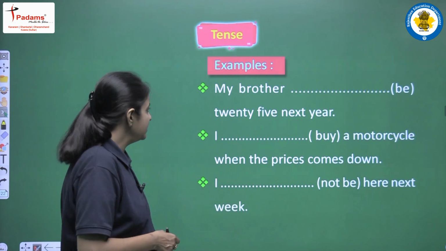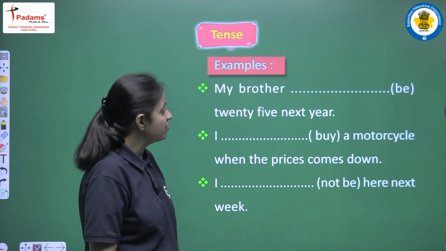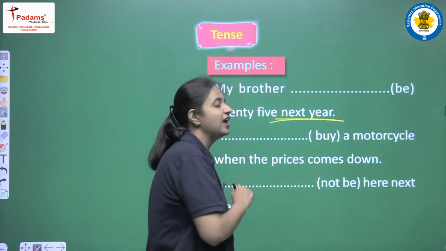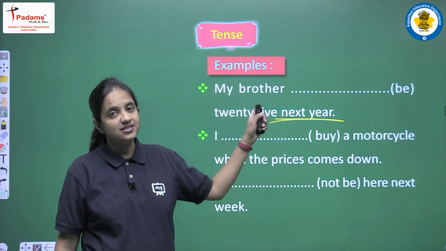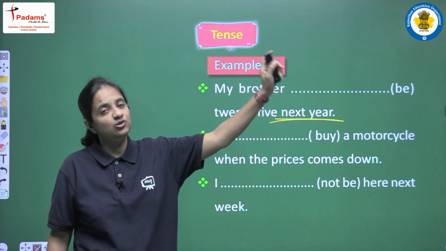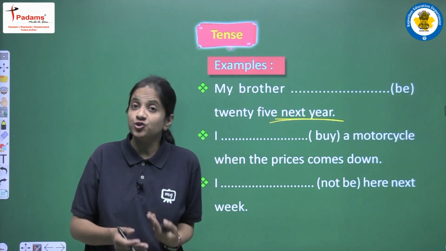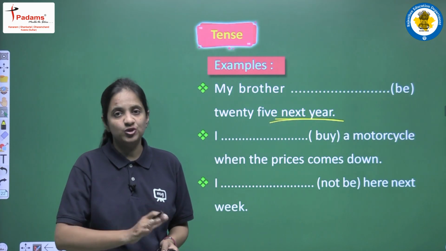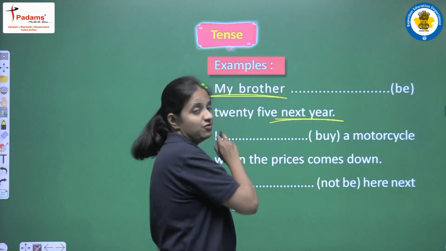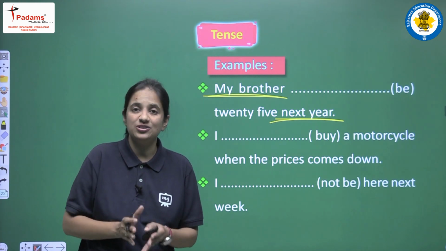So the first sentence that we are having here is, my brother be 25 next year. So let's focus first of all that we are having next year, and this is the reason that we can say that in this sentence we will use future simple tense, because we are having one word that shows future time. So we will write future simple tense here. Now let's focus on the subject, because we are having two helping verbs, and for both the helping verbs we have to use according to the subject.